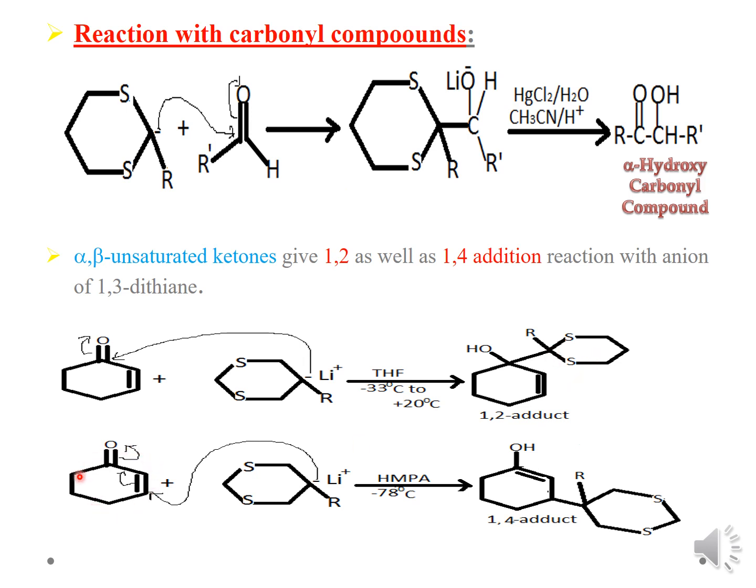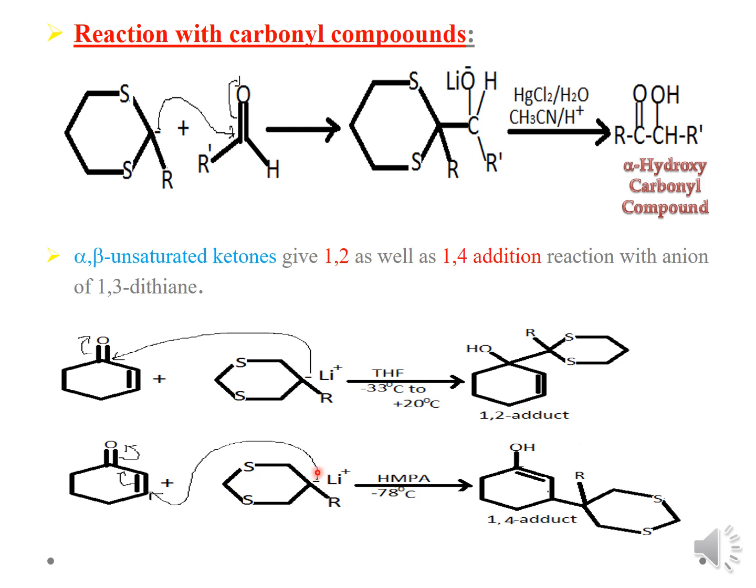And then again, if you take the same molecule, that is your cyclohexenone, and again treat it with the anion of your 1,3-dithiane upon addition of HMPA, what happens here is this carbanion goes and attacks the fourth position. It is a 1,4 addition, 1, 2, 3, 4, okay.